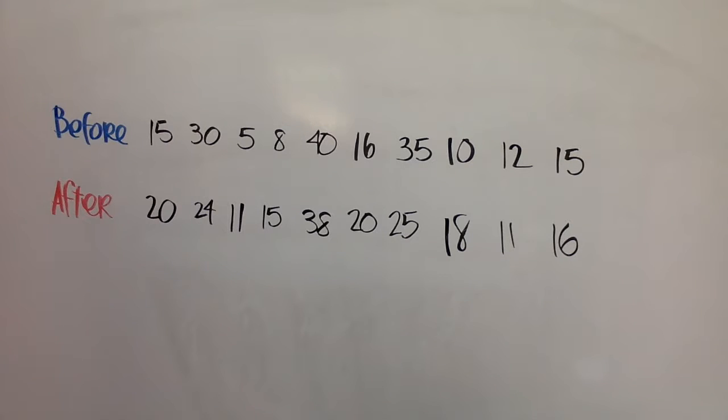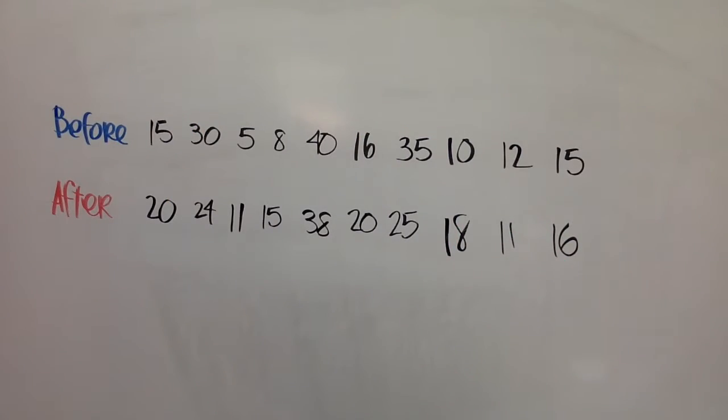For our after set, we have the highest number at 38 with the lowest number only at 11, and our data set is more concentrated in the 20s. So these aren't quite normal, and we'll be able to do a Wilcoxon test.